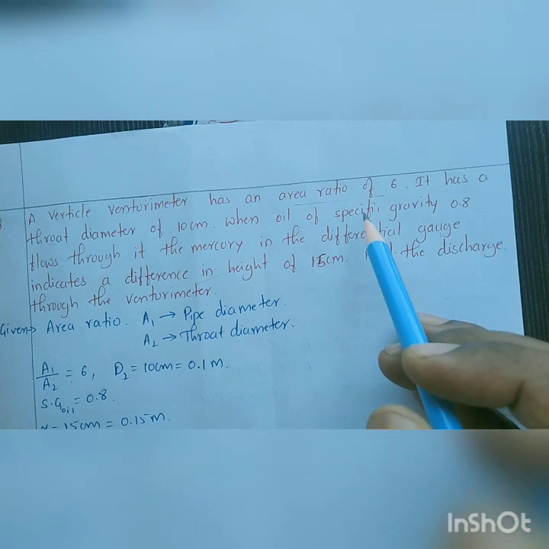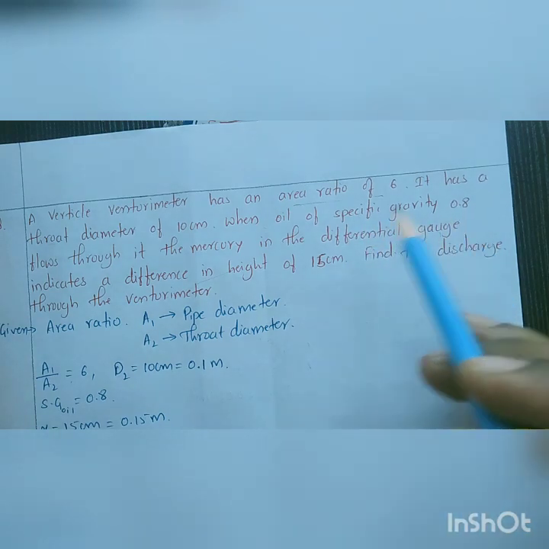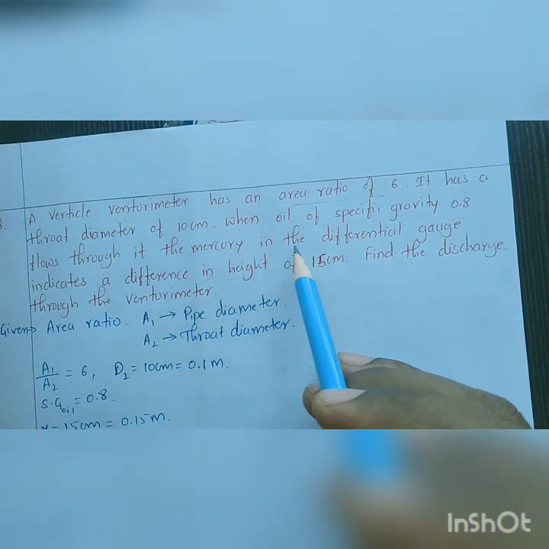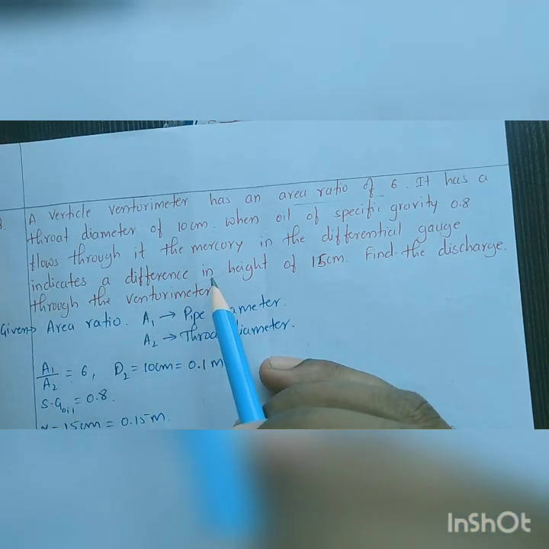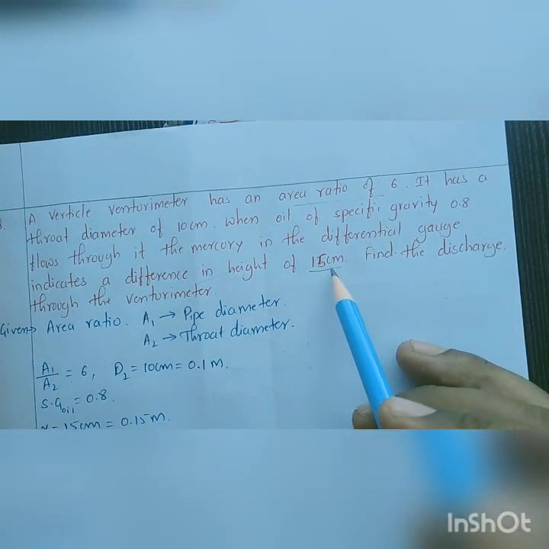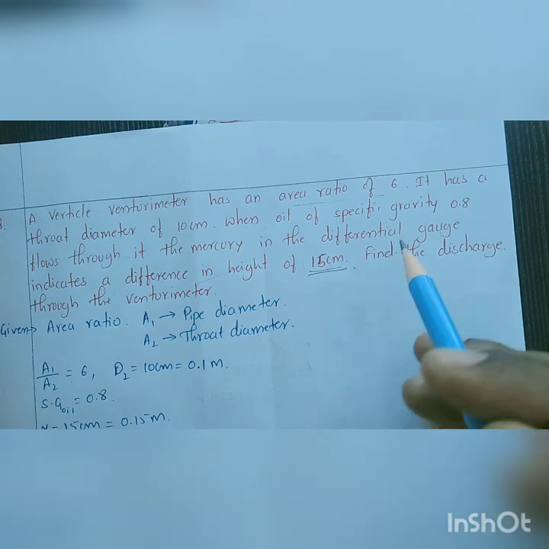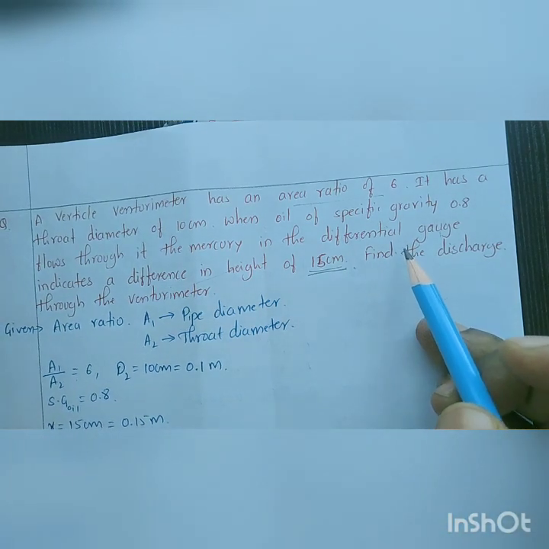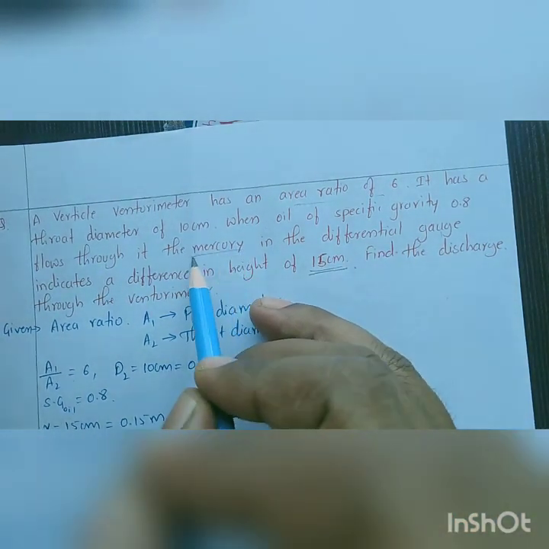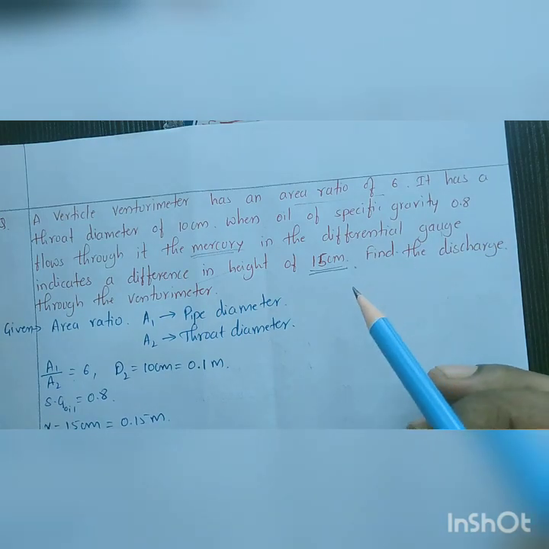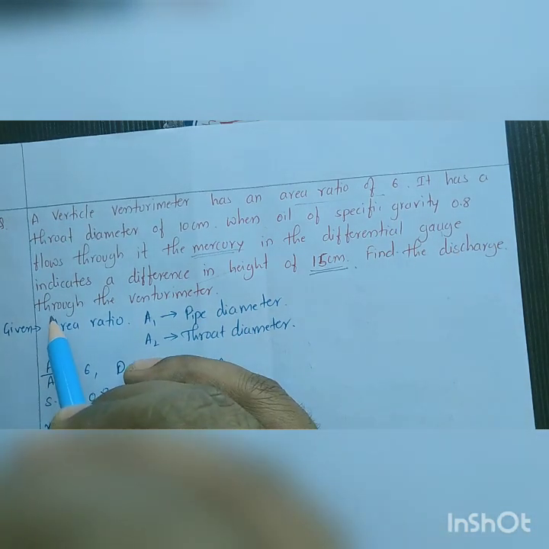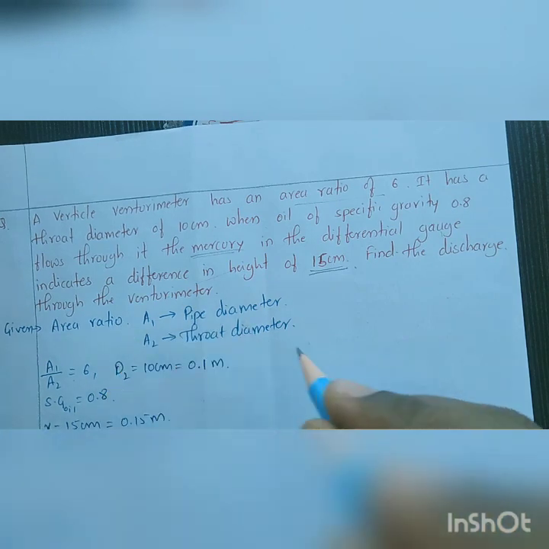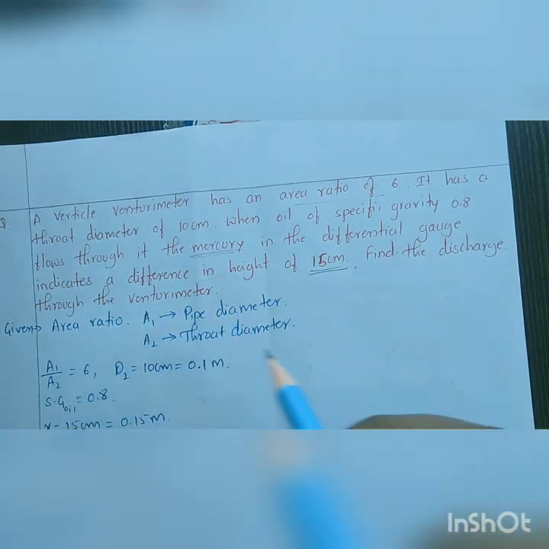When oil of specific gravity 0.8 flows through it, the mercury in the differential gauge indicates a difference in height of 15 centimeter. He has given x. Mercury is the liquid used in the differential manometer. So find the discharge. So here also we have to find the Q. So this is the problem on venturimeter.